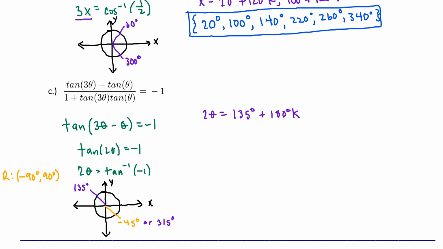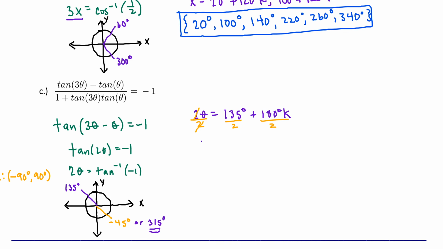Remember, solutions for tangent equations are either pi radians apart or 180 degrees apart. So if we evaluated 135 plus 180, we would obtain this other solution. So both solutions that we have graphed on our unit circle at this point are encoded in this expression. Let's go ahead and divide both sides by 2. This will isolate our argument theta and solve the equation.